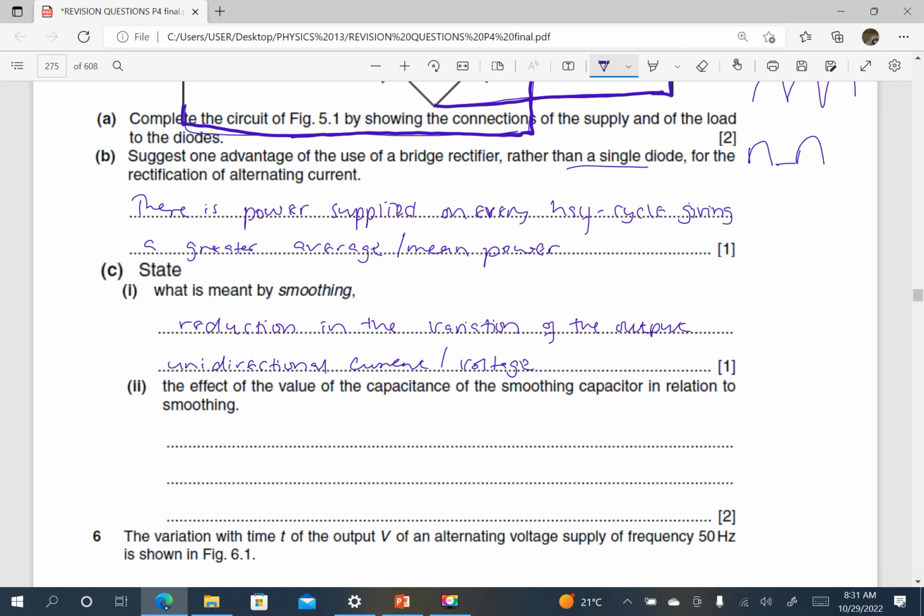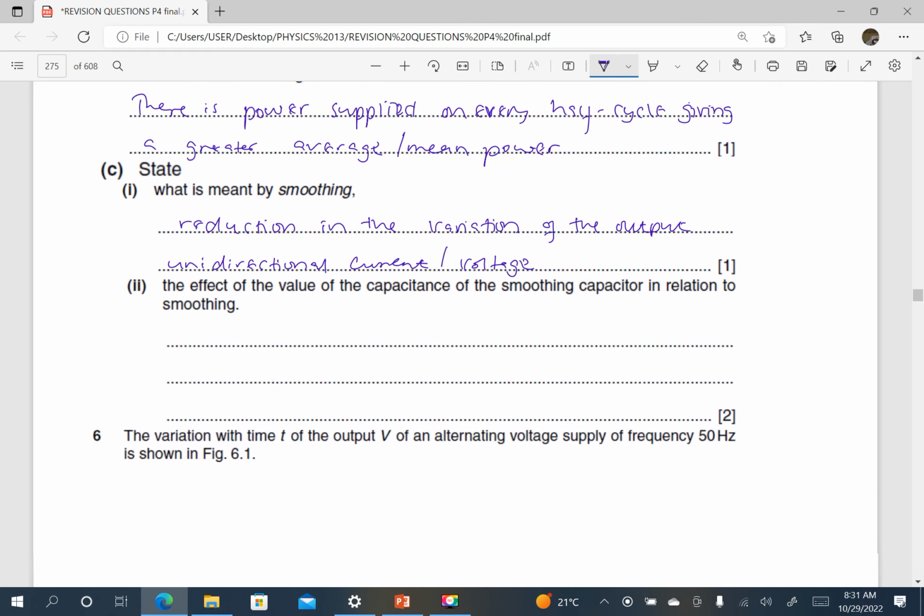That is what we call smoothing. We prevent the output from going to zero. That reduction in the variation is what we call smoothing.